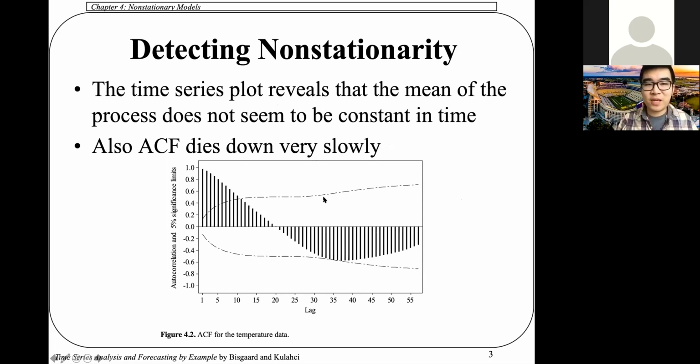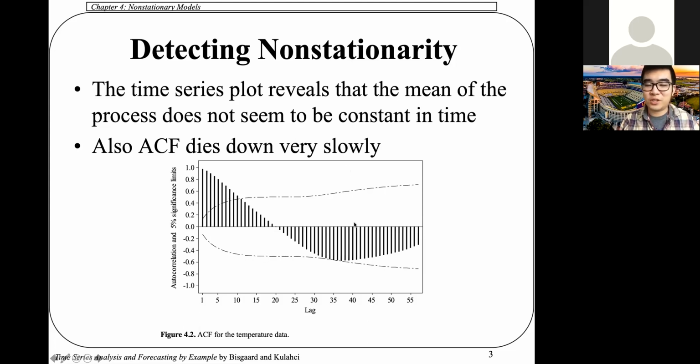Slide number 3 gives you the ACF plot of this data. You can see that the ACF dies down very slowly. This is opposite to our knowledge of a stationary model. For a stationary model, the ACF usually dies down very quickly, going within the confidence intervals very quickly.